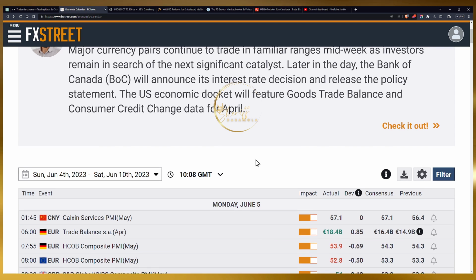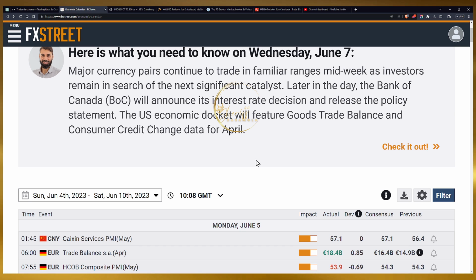And you all know how we do it. The first thing we want to be doing is to kickstart the day by checking the economic calendar so that we can have an idea of what the majority in the market is looking forward to. And one thing that is peculiar in the last 24-48 hours is that trading activity has been range bound in the first half of the week, as there is quite a level of uncertainty in the market regarding the interest rate decision coming up next week.